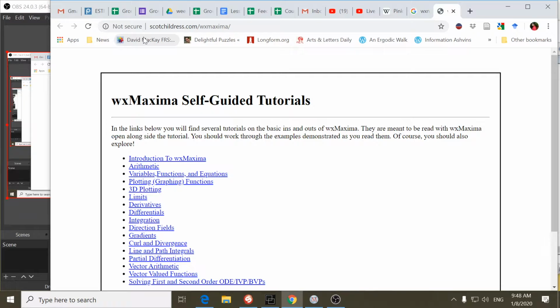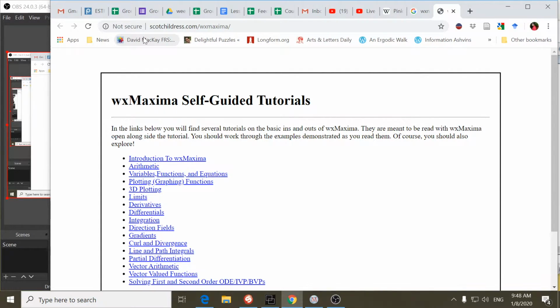So now go back and write percentage e. No, that's cheating. Percentage e. Okay. Shift enter. So now it's treating that as e.